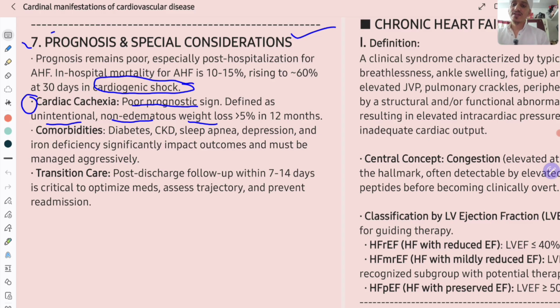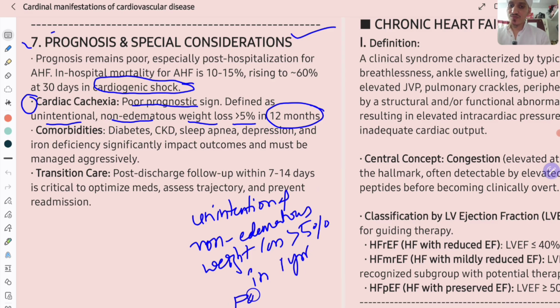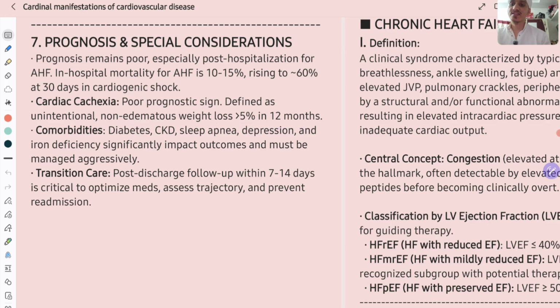Edema is there, but still there is weight loss of more than 5% in 12 months, in 1 year. So this is a poor prognostic sign. Okay. That is cardiac cachexia.